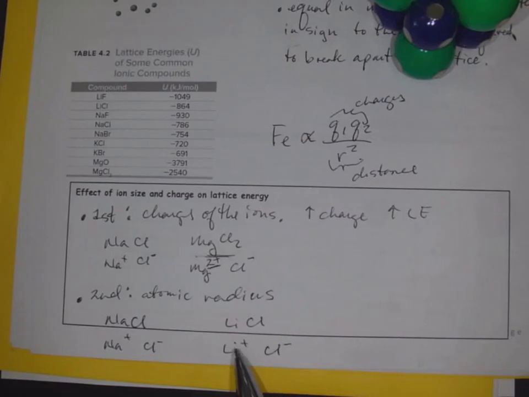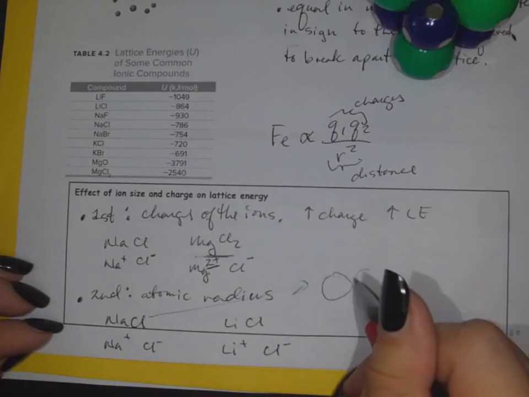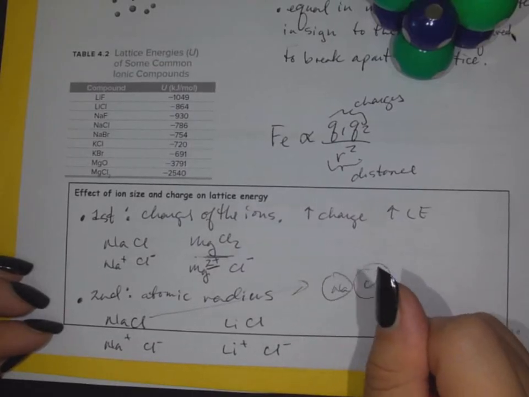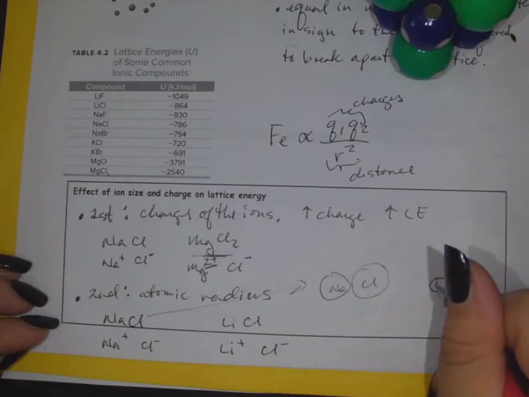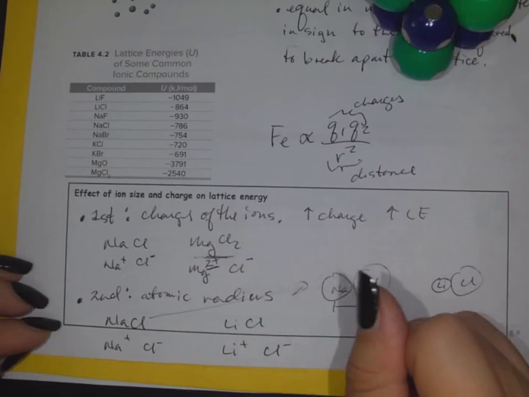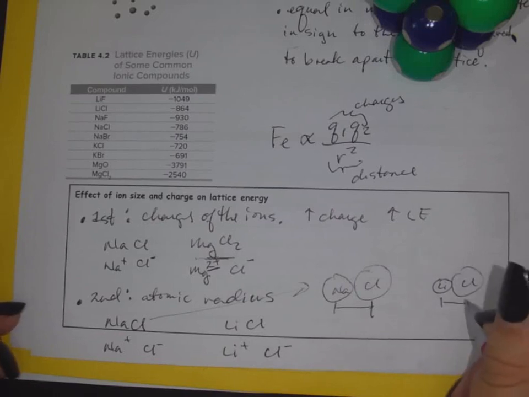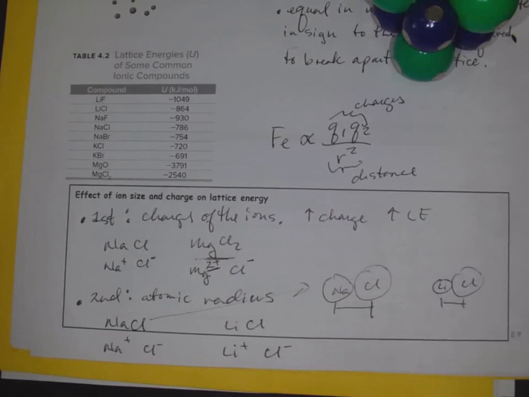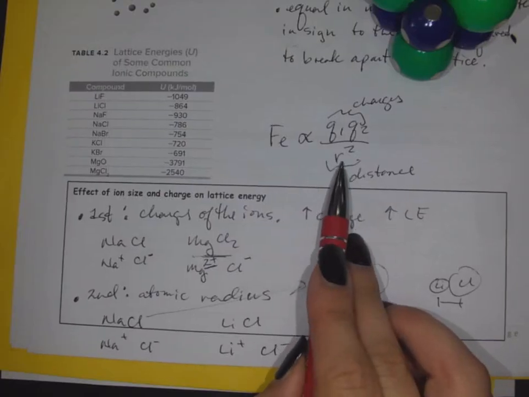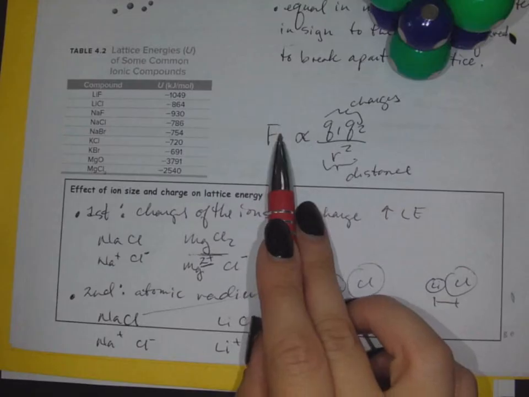So, due to this smaller radius, right, like let's draw a picture really quick. Here's our sodium and our chlorine. And here's our lithium and our chlorine. This bond length is bigger due to the bigger radii. This bond length is smaller due to the smaller radii. And we know when the distance between these charged things is smaller, then the attraction is greater.